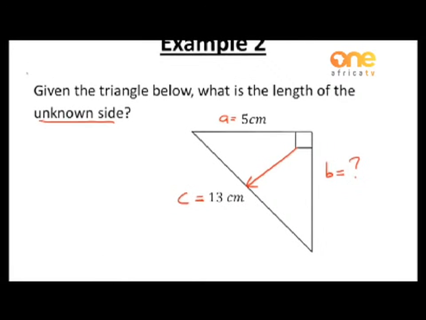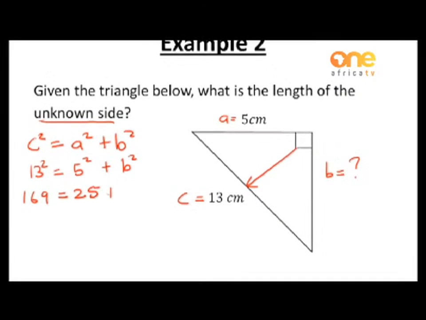So recall, Pythagoras' theorem said that c squared is equal to a squared plus b squared. So we have 13 squared is equal to 5 squared plus b squared.